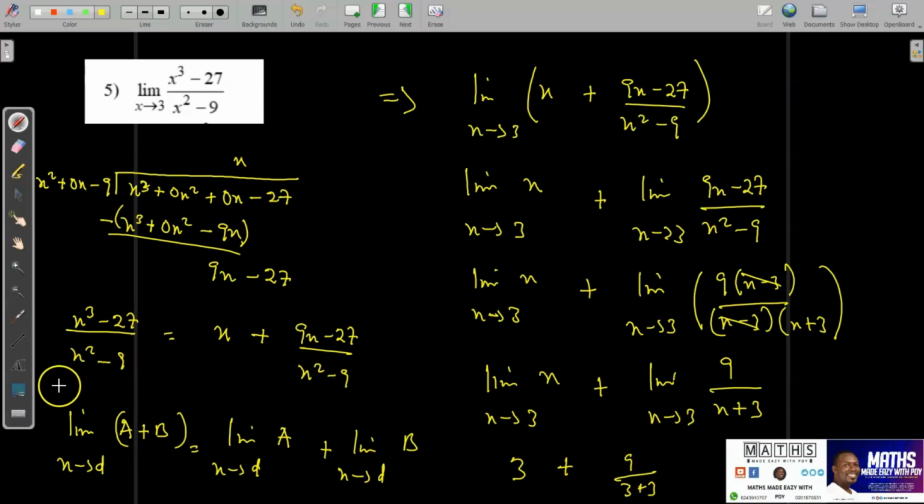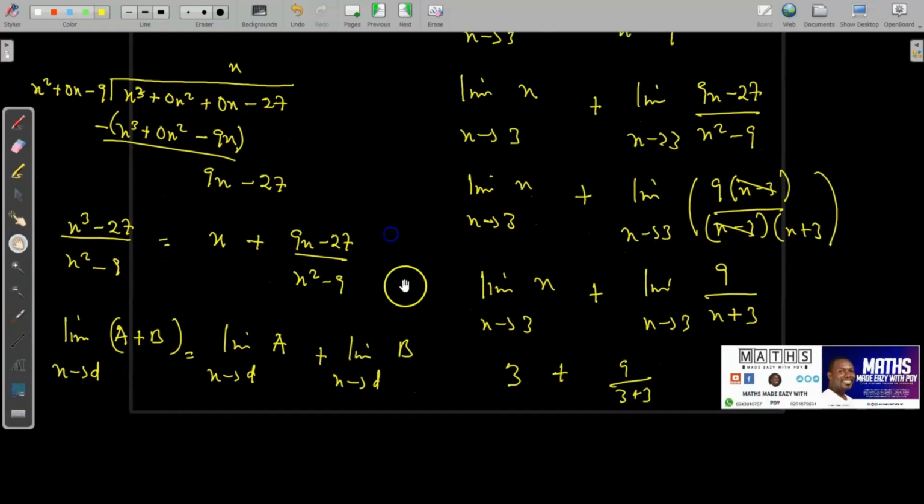Let me scroll up a little to finish it. So you end up getting 3 plus 9 over 6, and this is the same as 3 over 2. 3 plus 3 over 2, which is the same as 4 and 1 over 2. So that is how you could have gone ahead to solve this question.